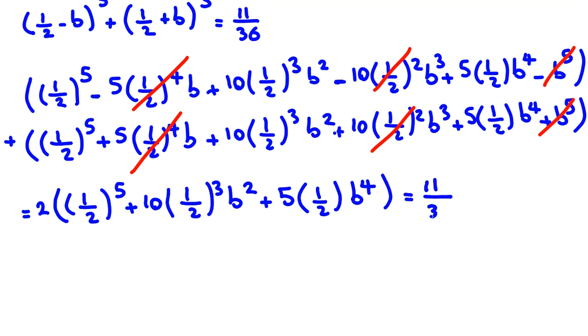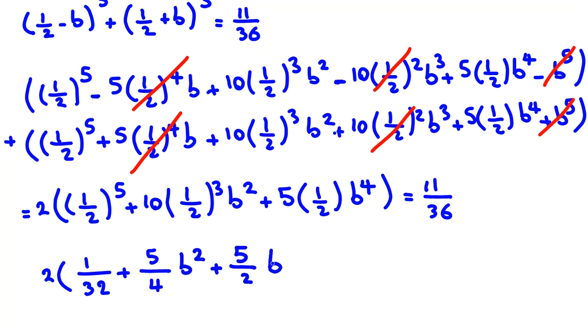11 over 36. Now, if we simplify, 2 times 1 over 32 plus 10 over 8, which is 5 over 4, b squared plus 5 over 2 b to the 4 equals 11 over 36.